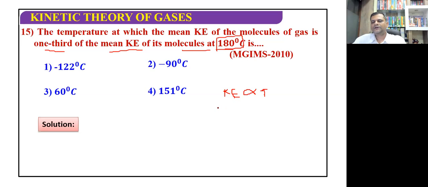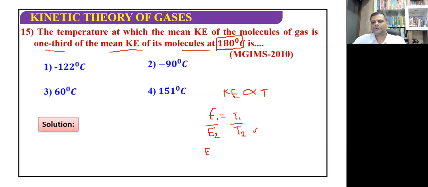So now we have been given two things, E1 upon E2 is equal to T1 upon T2, correct, in which a relationship between E1 and E2 is given. We have to find the temperature T2 at which the kinetic energy is 1/3 of the kinetic energy at 180 degree Celsius.